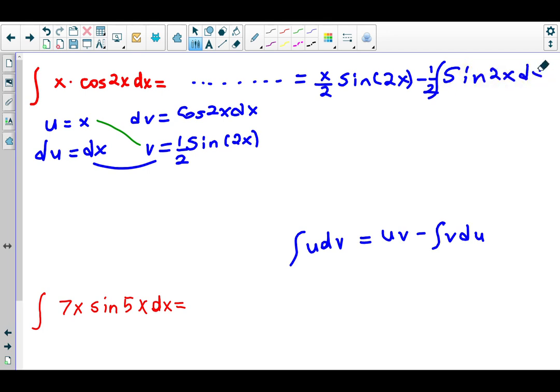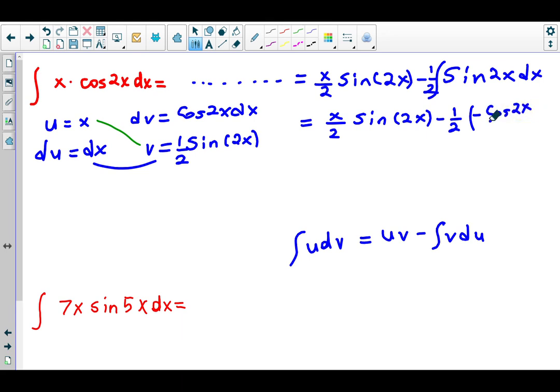At this point, I'm going to rewrite the first part of this expression, x over 2 times sine of 2x. And over here I have minus 1 over 2, but when I integrate sine, first of all, the integral of sine will be negative, right? So it'll be negative cosine of 2x.